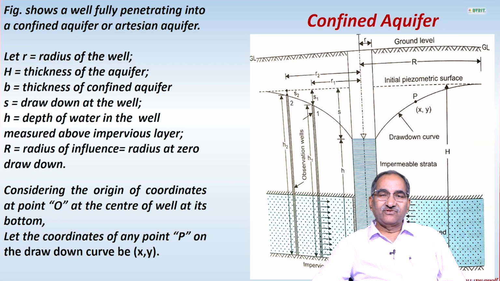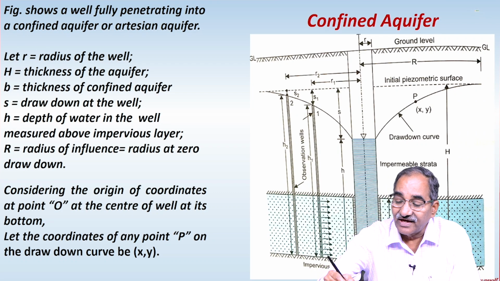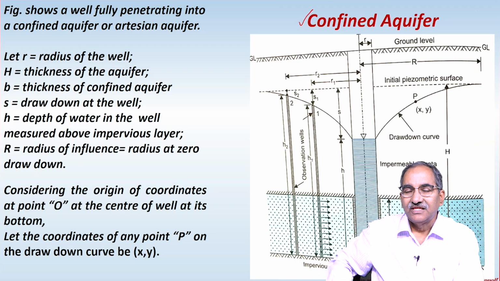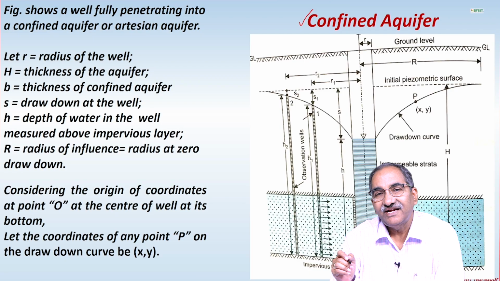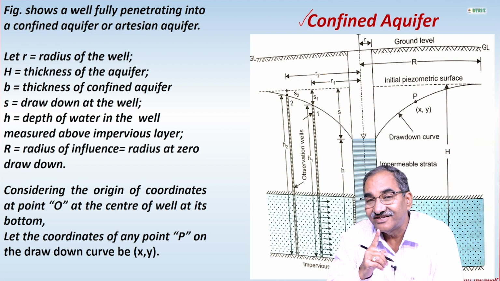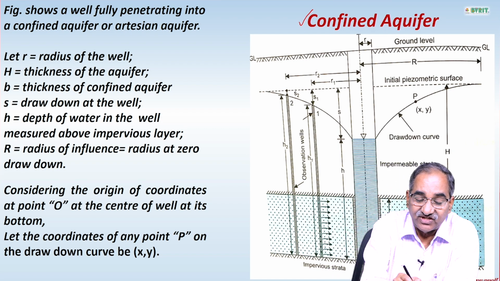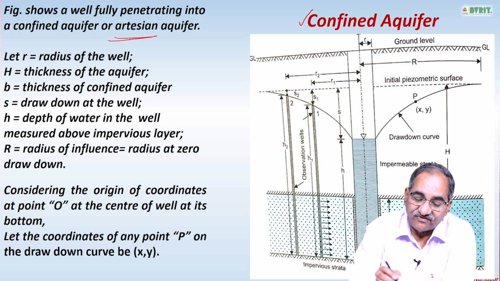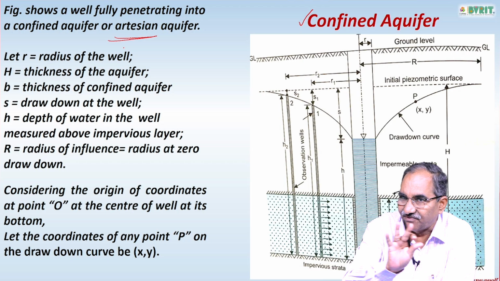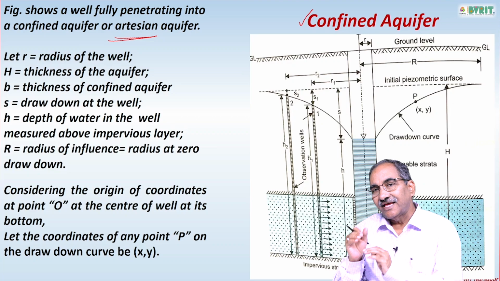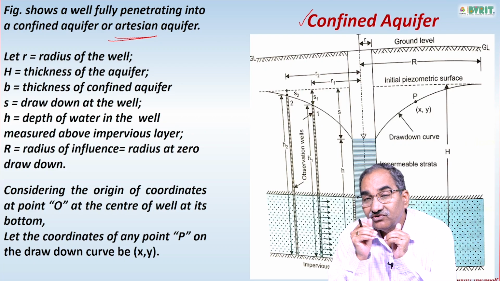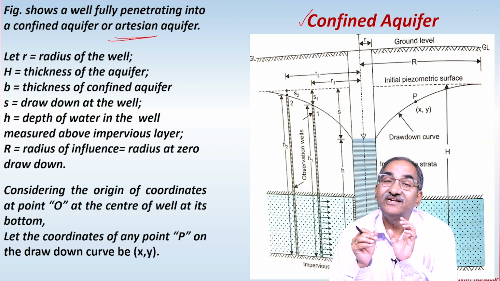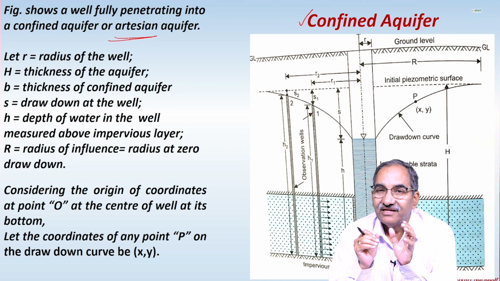Let me come straight to the point. What is that point? We are talking about the confined aquifer. In the case of a confined aquifer, which is also called an artesian aquifer, confined aquifer and artesian aquifer are the same. So in the case of a confined aquifer, how do we derive the equation for the discharge, the yield?